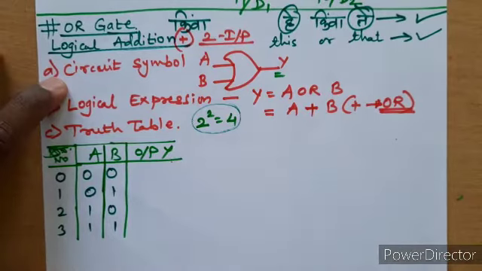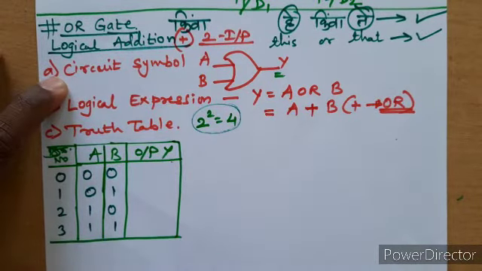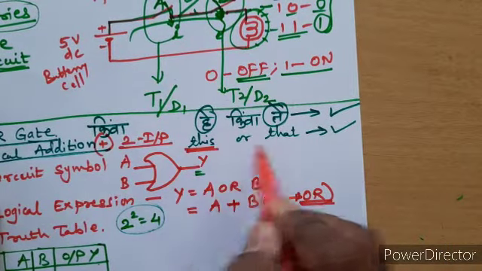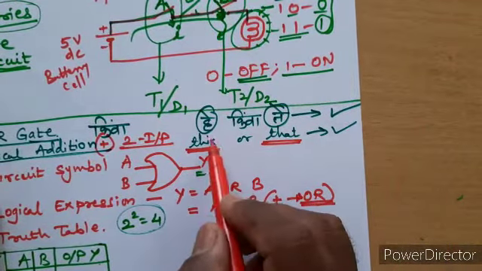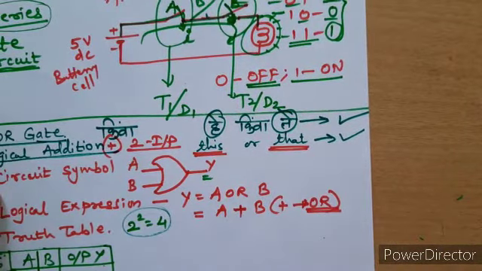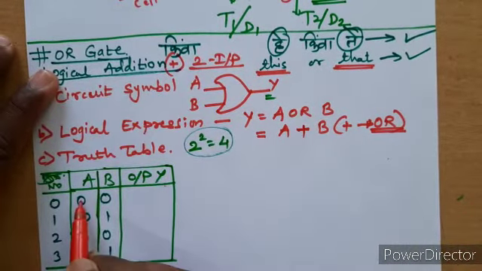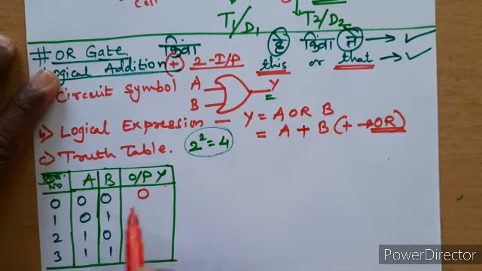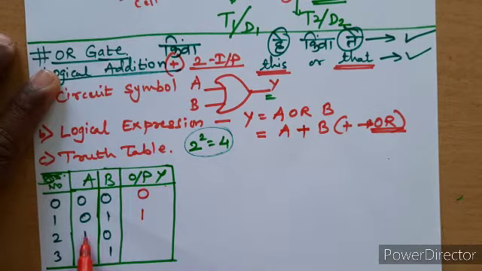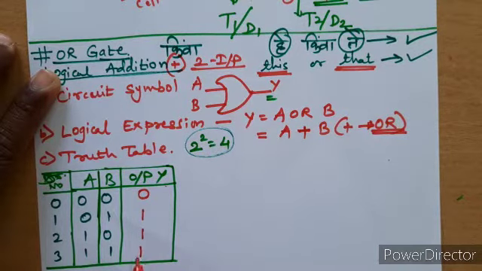Now since this is logical addition, we have seen here this or this, म्हणजे दोन्हीपैकी एक जरी असेल तरी sufficient. So here 0 or 0 is 0, 0 or 1 is 1, 1 or 0 is 1, 1 or 1 is 1.